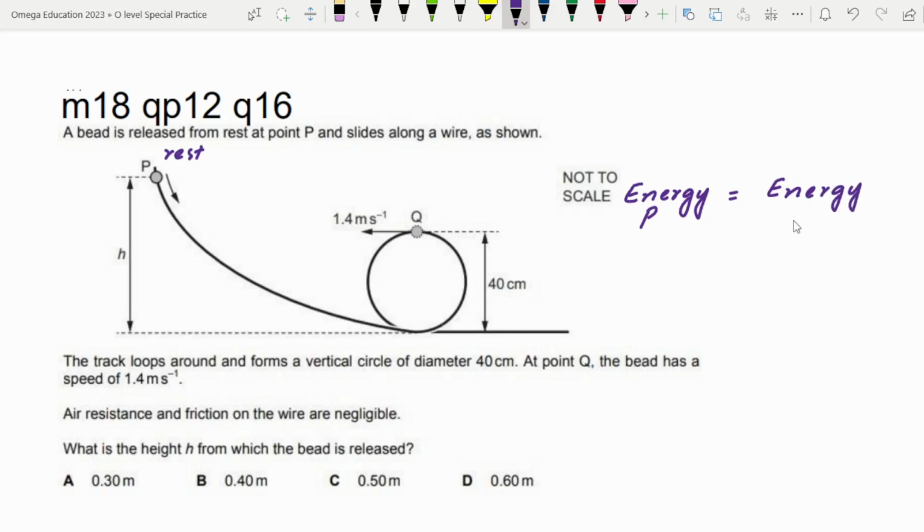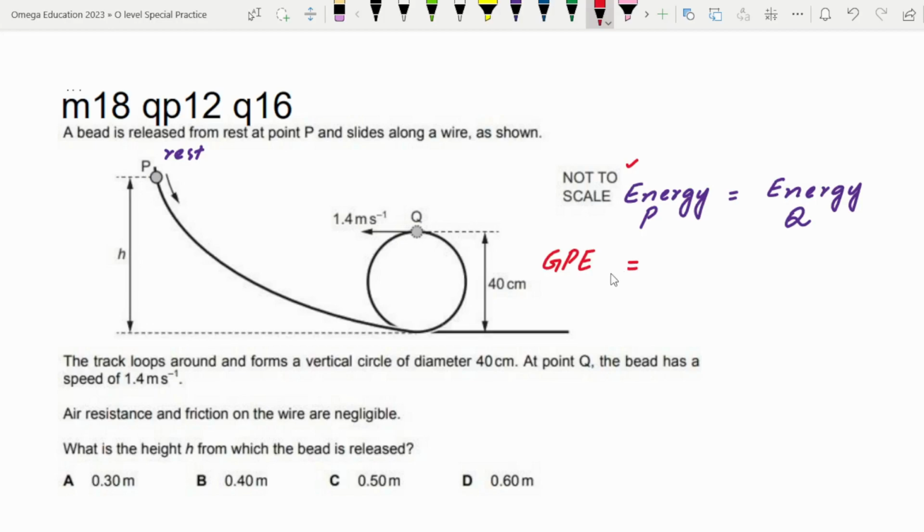Whenever the object starts from a higher point towards a lower point, you can always start the working with this: energy at that point equals the energy at the lower point. And whenever the object starts from a lower point towards a higher point, then you can write the expression in terms of the work done. These are two similar things, in fact exactly the same thing, but it would be better for you to understand this way. So what is the energy at point P?